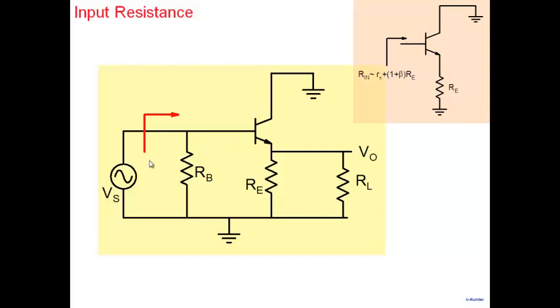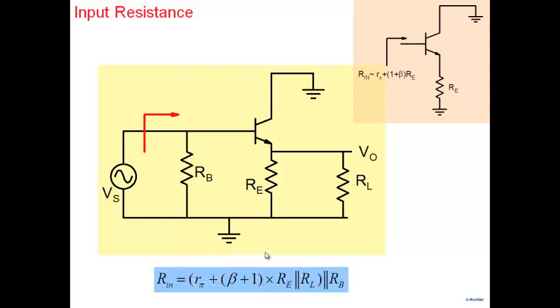So we know now the input resistance looking from here will be this resistance RB here in parallel with the resistance looking into the base here. And the resistance looking into the base is r pi plus (beta plus 1)(RE parallel RL) here. So that's the first term here, which is the resistance looking into the base. And the second term comes in parallel with RB, and that's how my input resistance is.